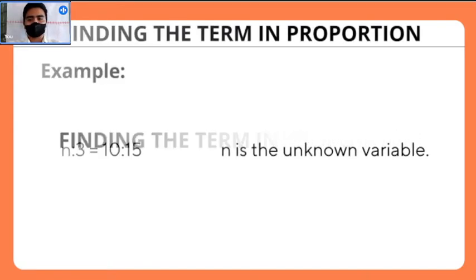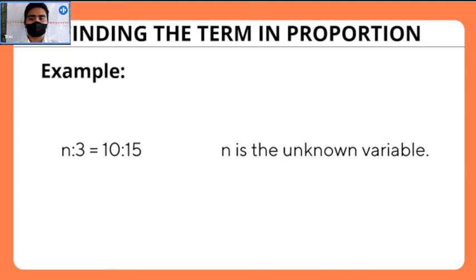Okay? So let us have an example. Finding the term in proportion, here's an example. We have n is to 3 is equal or proportion to 10 is to 15.